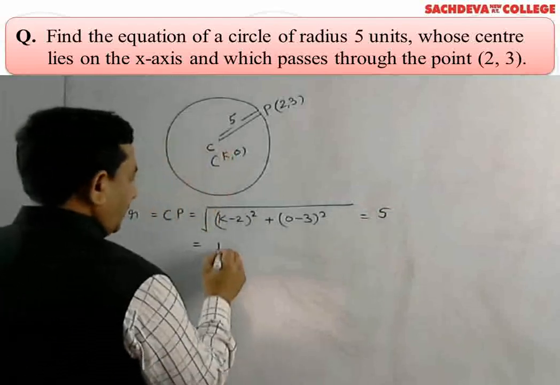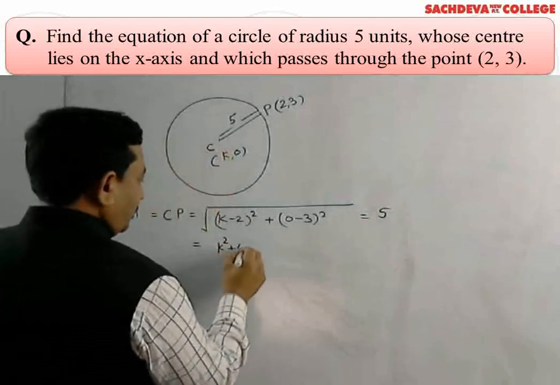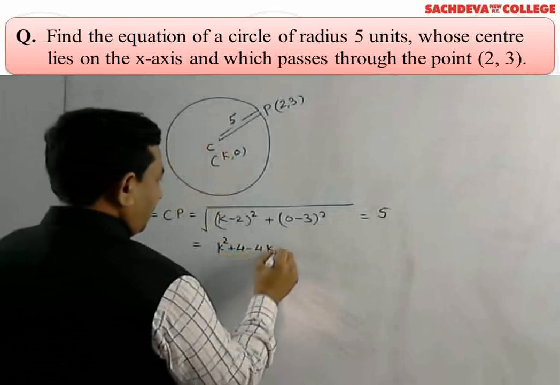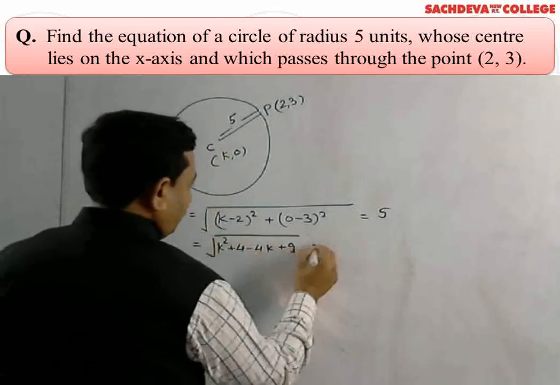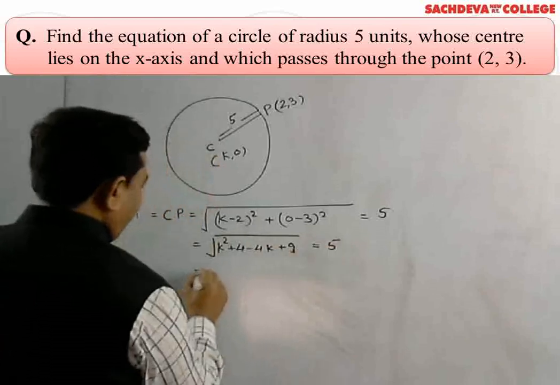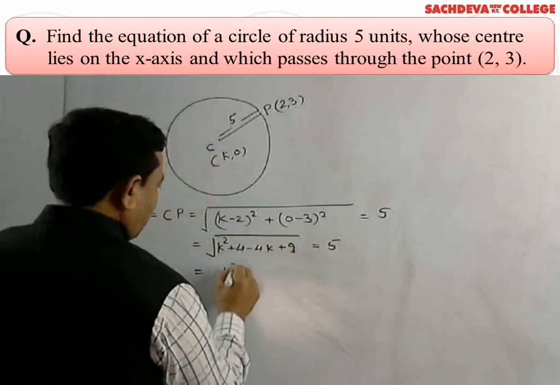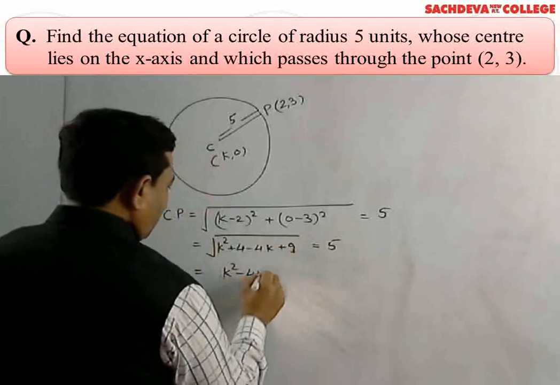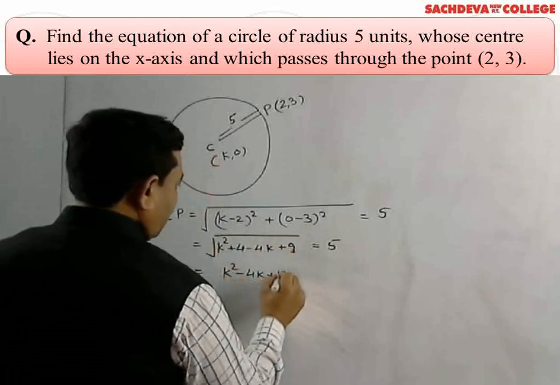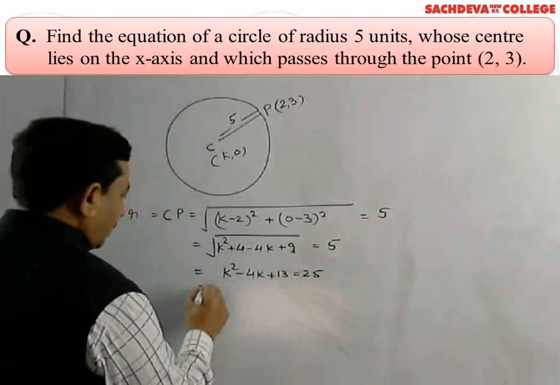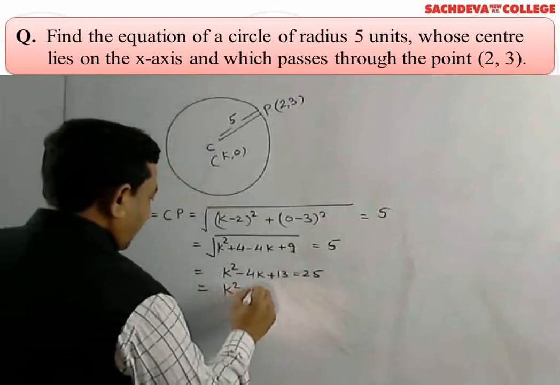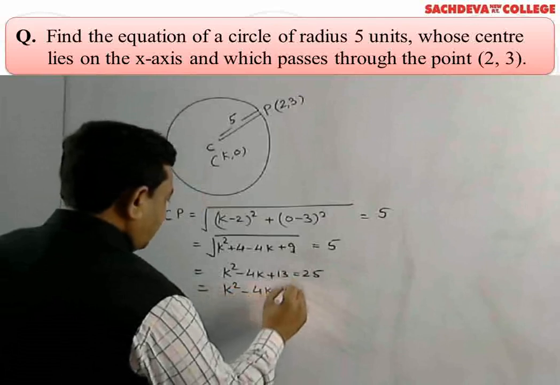So the square root of k squared plus 4 minus 4k plus 9 will be equal to 5, or we find k squared minus 4k plus 13 is equal to 25, or k squared minus 4k minus 12 is equal to 0.